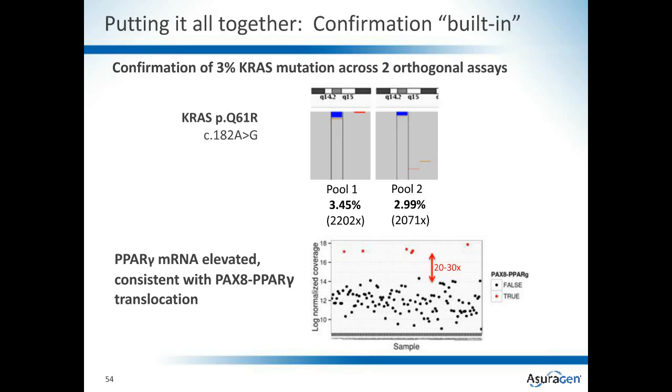We can first detect the translocation, for example, as a PAX8-PPARγ fusion, but then we can see confirmation by virtue of its 3' partner of that fusion, the PPARγ mRNA. In the mRNA enrichment pool, we can see that it's specifically elevated in cases, and only in cases, where the translocation is present. So the plot here shows in red those that have the translocation and those in black that do not, and the points that really stand out in red are those that have very high expression of the fusion partner as expected.